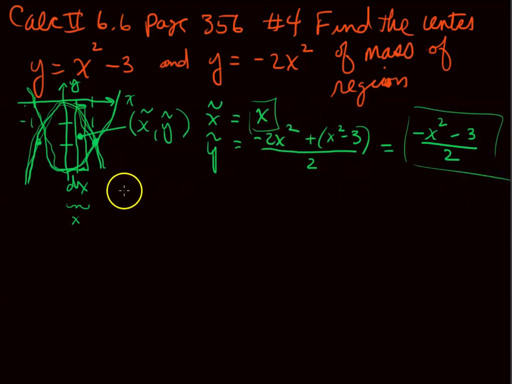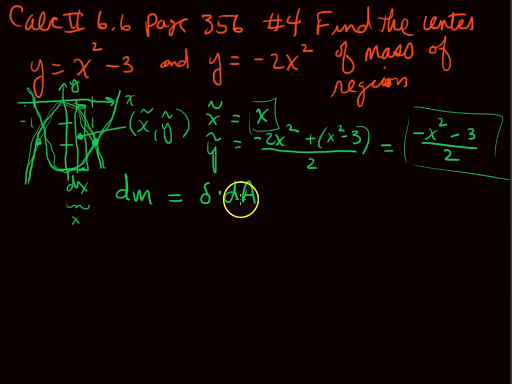We need dm. Well, what we'll find is all the time it's going to be some constant, we'll call it delta, times the area, and we're going to call that dA, because we want the area of this little strip, which is the dm.